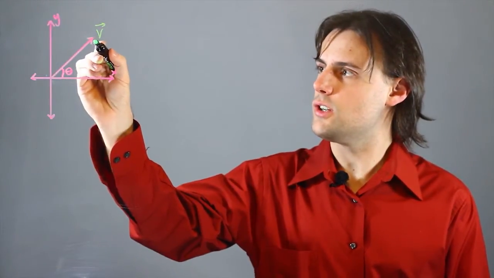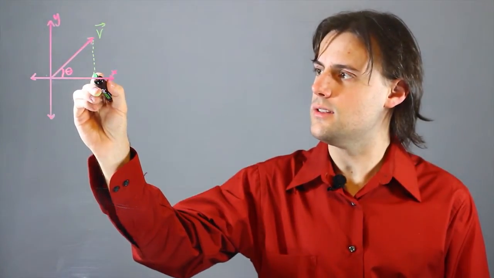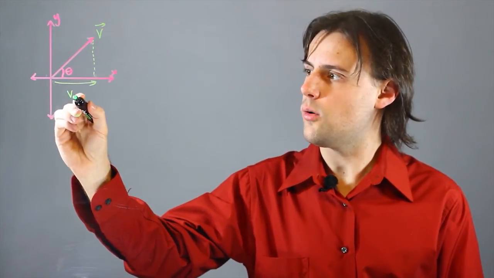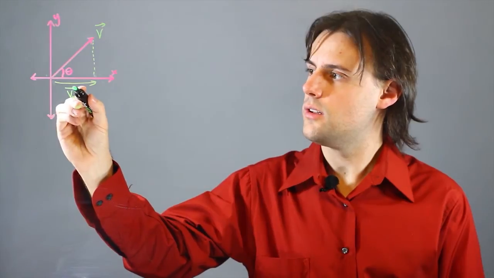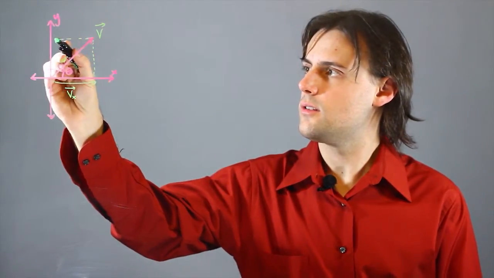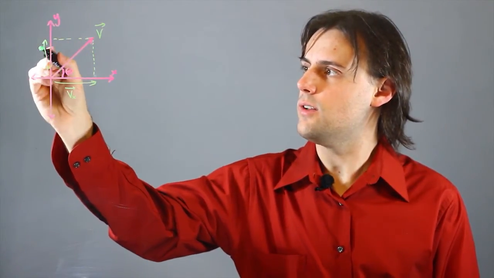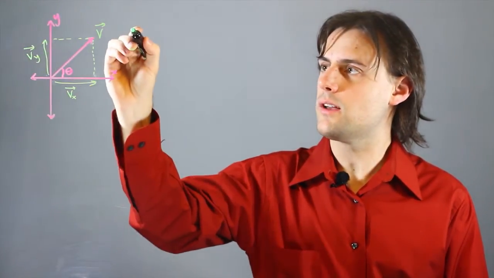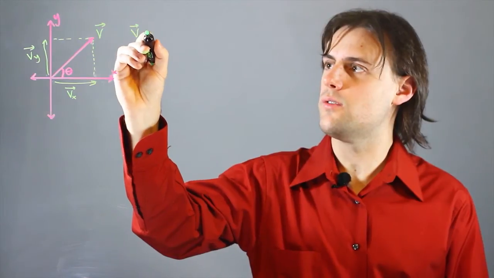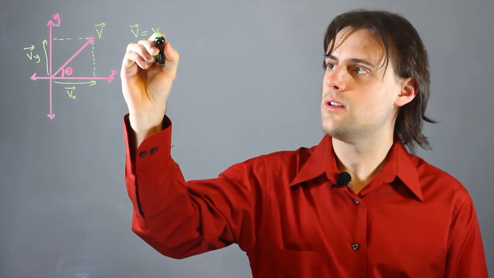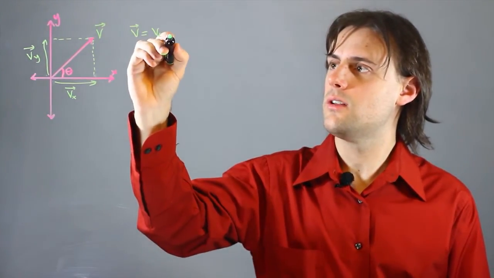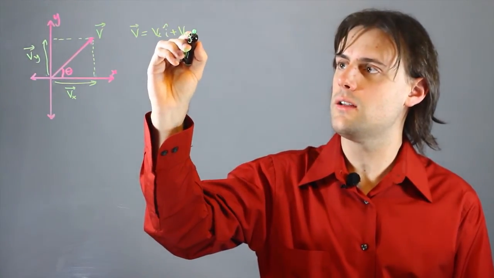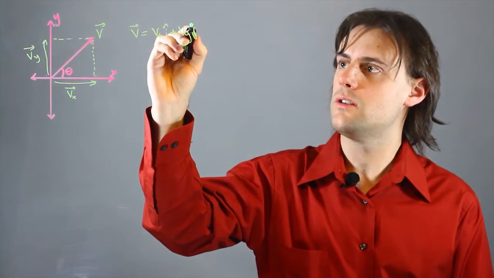When I do a projection along each of these axes, I end up with two orthogonal vectors, vx and vy, such that I can rewrite my expression for this general vector v as the magnitude vx times the unit vector i plus the magnitude vy times the unit vector j.